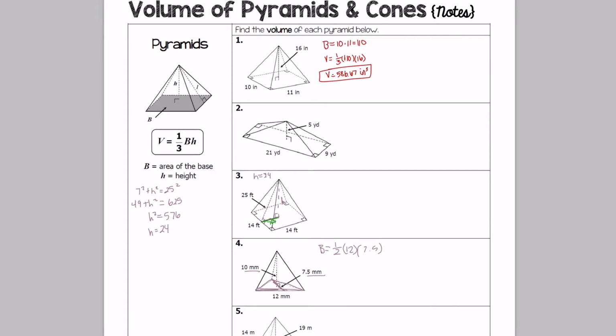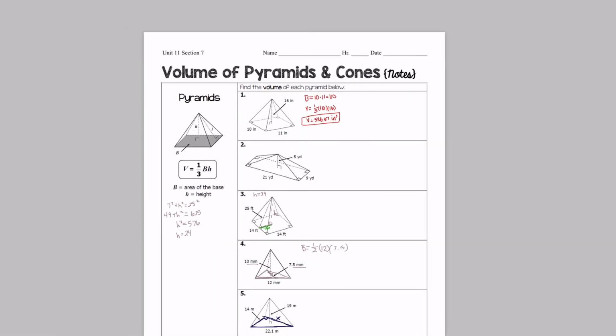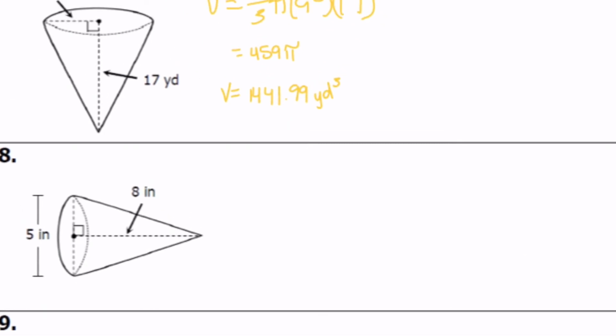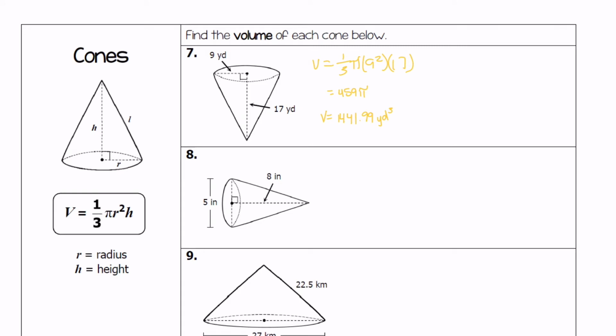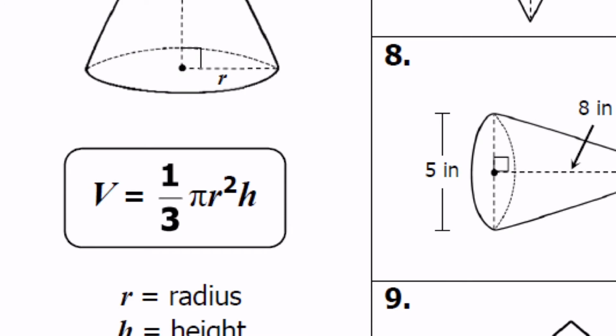Oh yeah, make sure you have your units cubed. Don't forget. Units cubed. We're dealing with volume, right? Pay attention to what it gives you here. That is not the radius. Make sure that before you start plugging values into your equation that you have the radius.